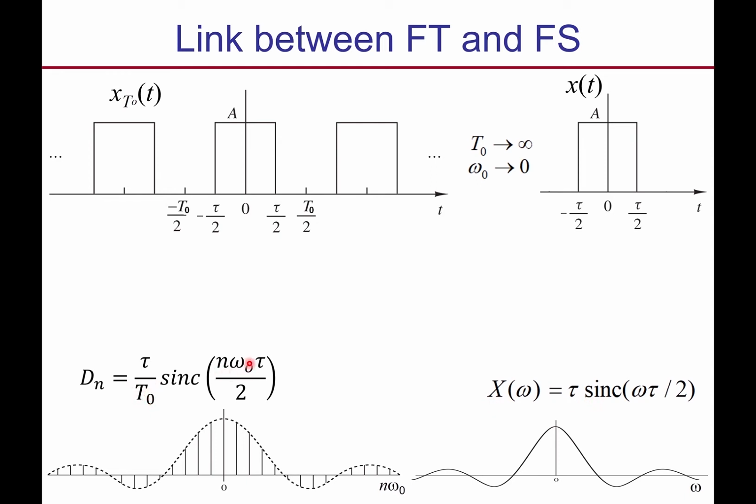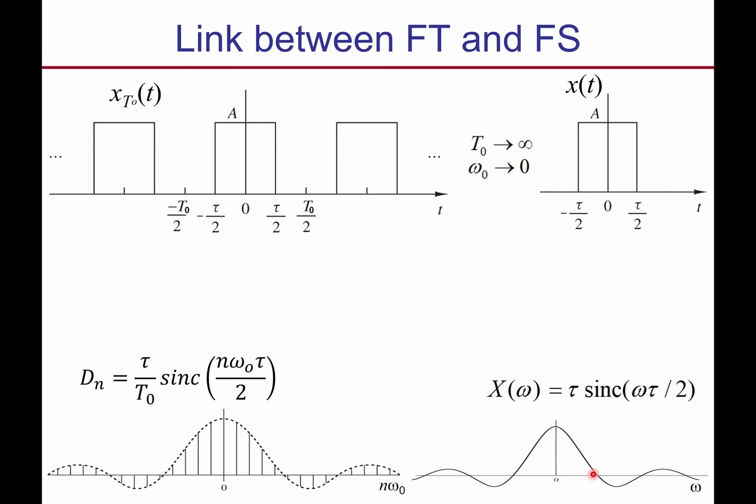N omega 0, we said it will become a continuous spectrum, so that will be just omega. And tau here is here, and A2 is 2. So for this periodic signal, it has harmonics, so it has the DC, first harmonic, second harmonic, third, fourth, and so forth. The Fourier transform of this aperiodic signal is a continuous spectrum. It has all frequency components.